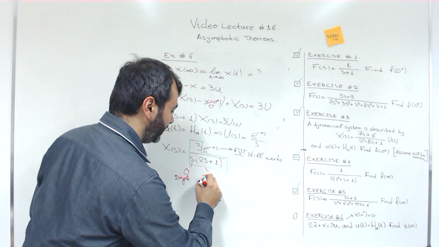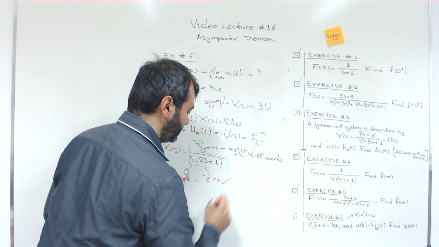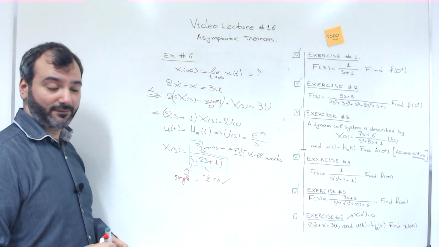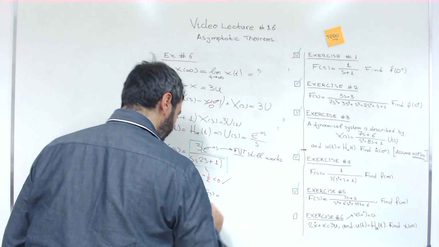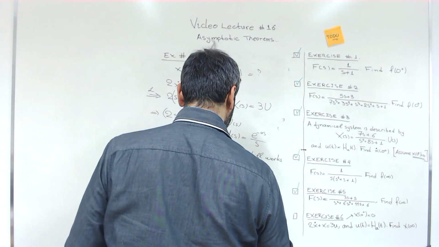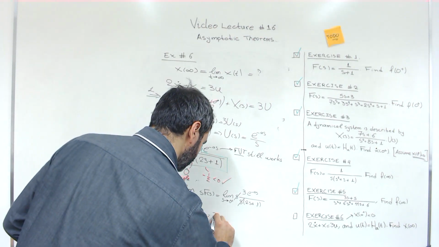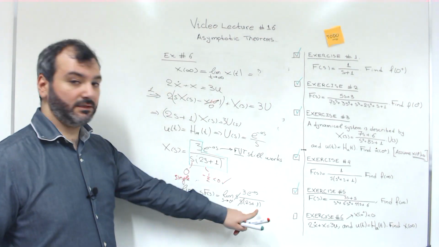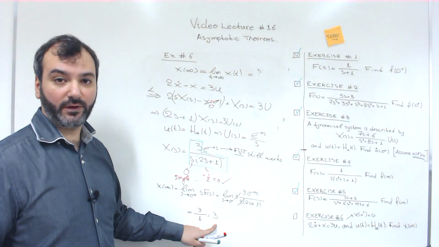And from here, minus 1/2, which is negative. So we can apply the final value theorem. And the answer is x at infinity is equal to 3.